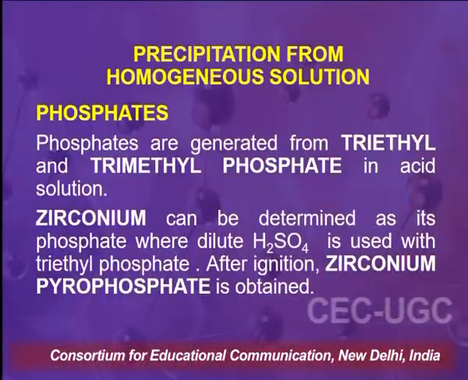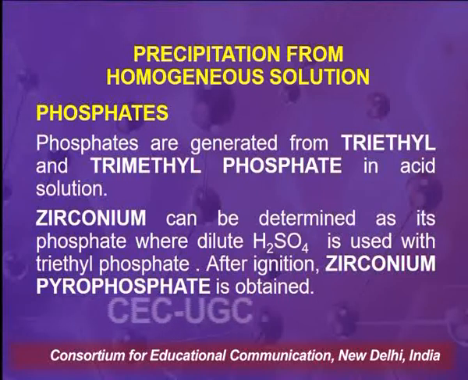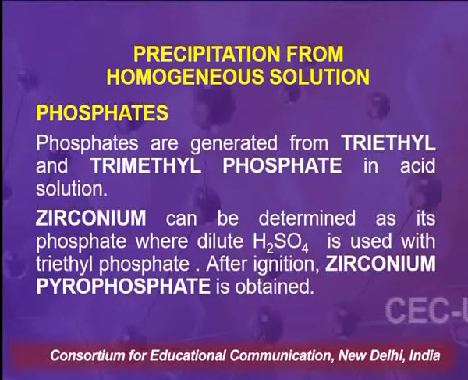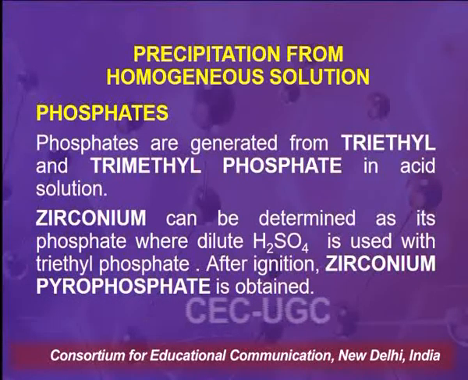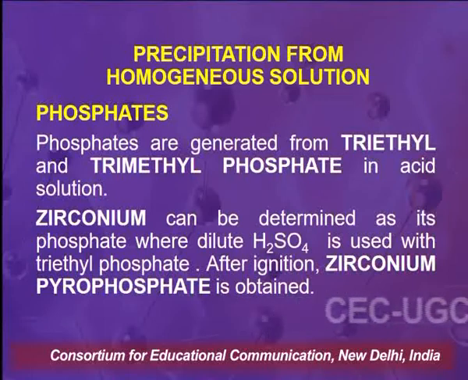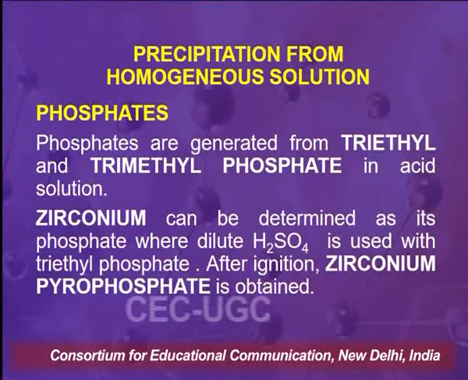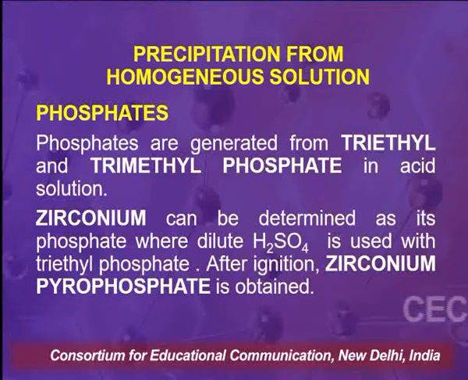Some other ions, for example phosphates, are generated from triethyl and trimethyl phosphate in acidic solutions, and they can again be used as an example of the precipitation from homogeneous solution method. Zirconium, for example, can be determined as its phosphate, where dilute sulfuric acid is used with triethyl phosphate.